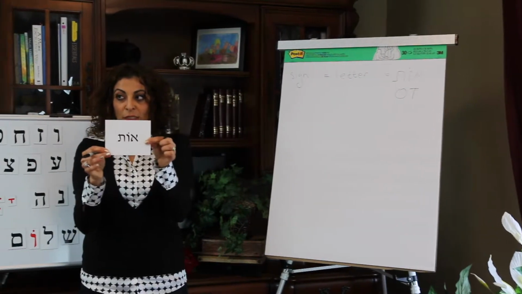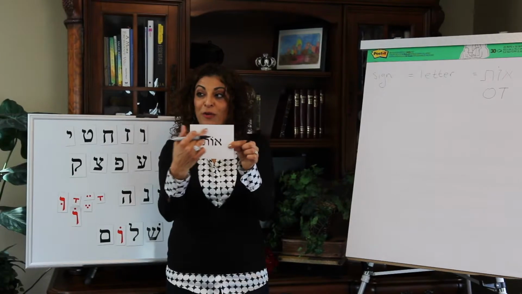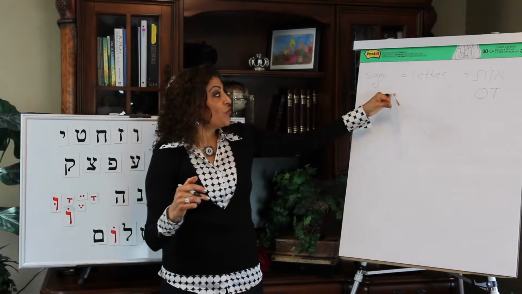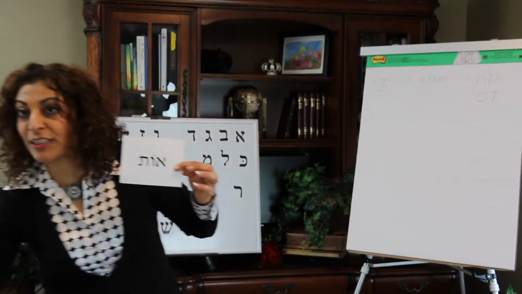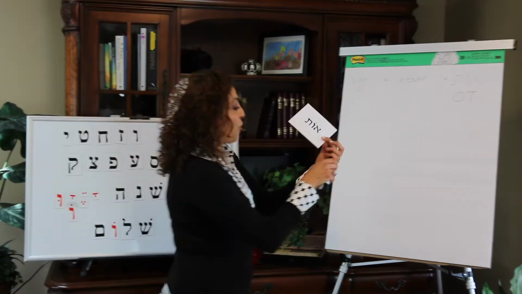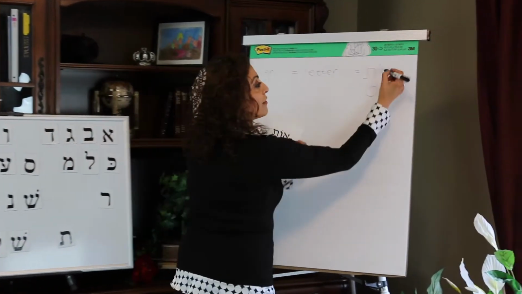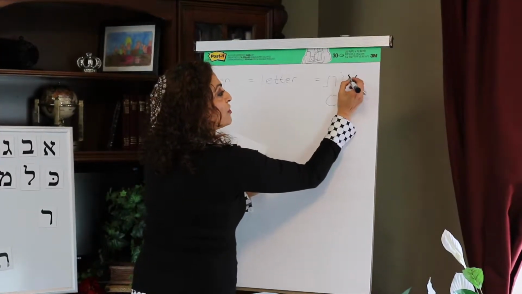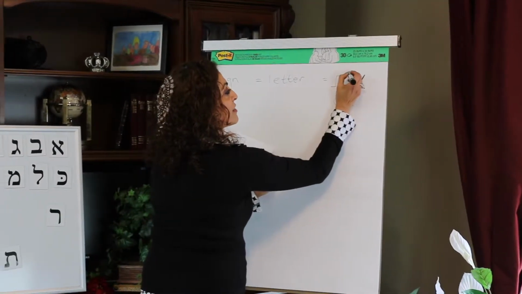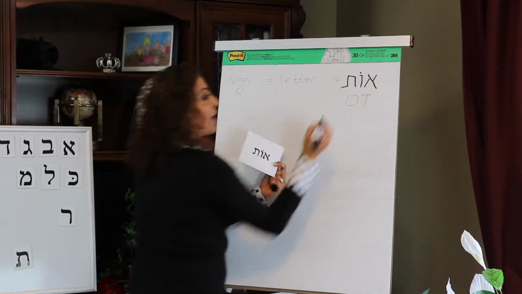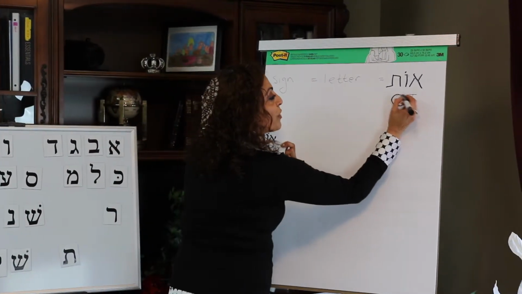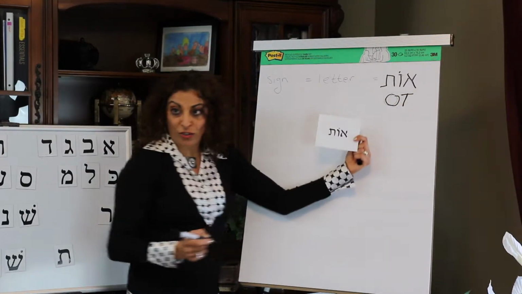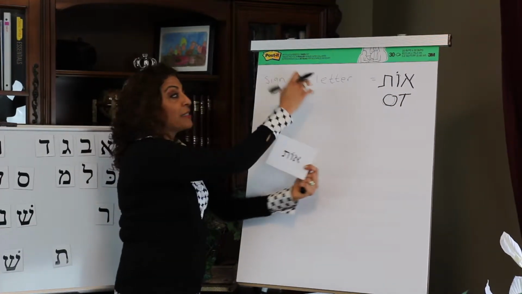You can write it in your Sharpie right here. If you don't see it well enough, we're going to make it a little bit darker for you so you can see it real well. So this is the letter. Oh, this is so much better. Ot. And in English, you pronounce it O-N-T. Ot. It means letter.